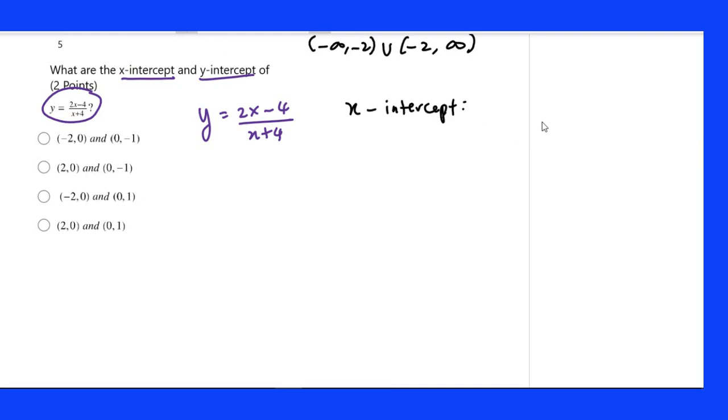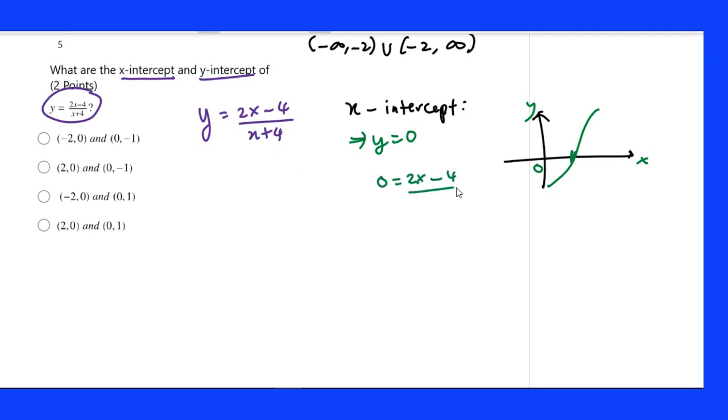okay, it means that the graph cuts at the x-axis. It implies that y is equal to 0. When y is 0, substitute 0 into the numerator, 2x minus 4.